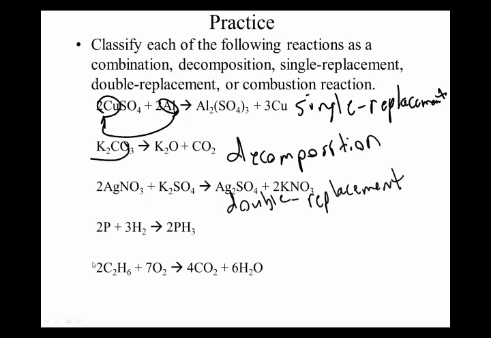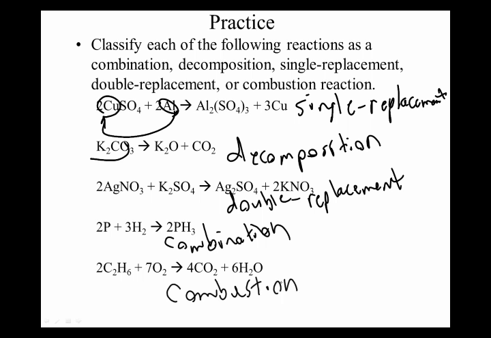Then here we have two things becoming one, so that's a combination. Then we have oxygen reacting with a hydrocarbon to make CO2 and water, that must be combustion. And that's really all there is for that part. Just be able to recognize those 5 types of reactions.